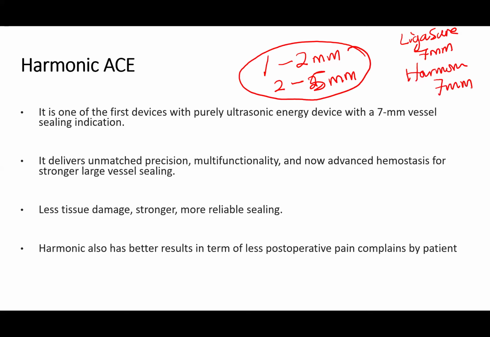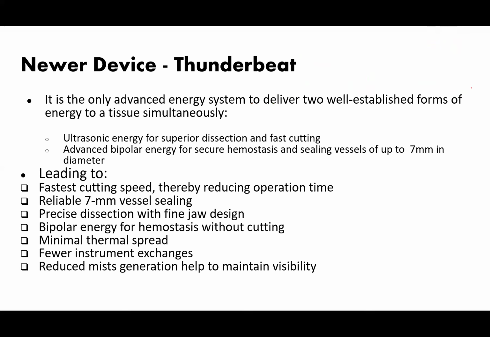Okay, so these are very important, you know. It delivers unmatched precision, multifunctionality, and now advanced hemostasis for stronger, larger vessel sealing, less tissue damage, stronger, more reliable sealing. Harmonic also has better results in terms of less postoperative pain and complaints by patients.